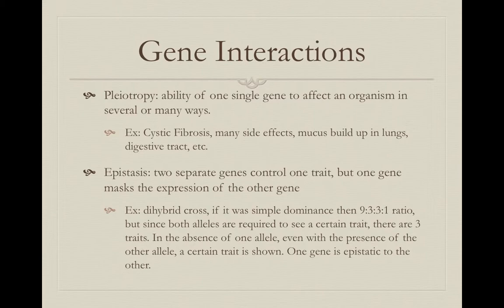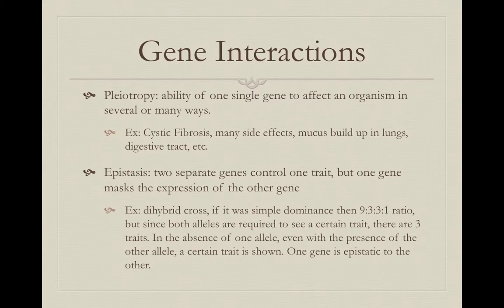But we know here in this case that both gene A and gene B are required to produce the agouti color in the mice. Okay, well now that complicates things a little bit, because now we'll only see three different color combinations. We have the agouti, we have the black, and we have albino.